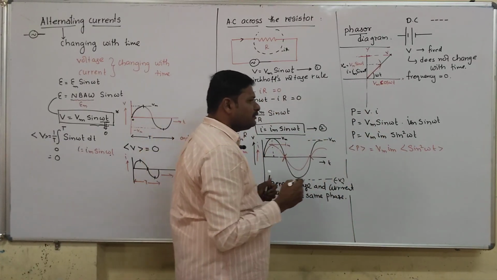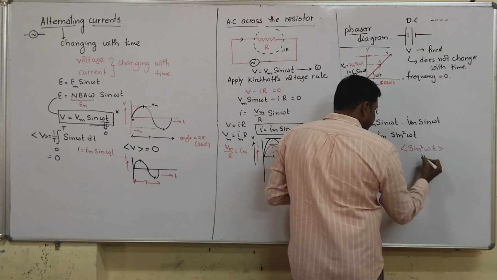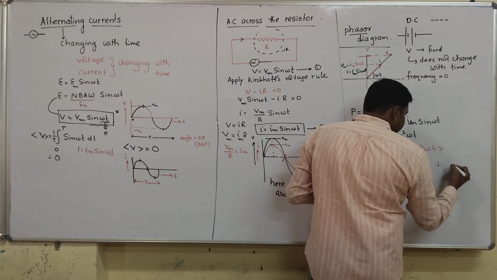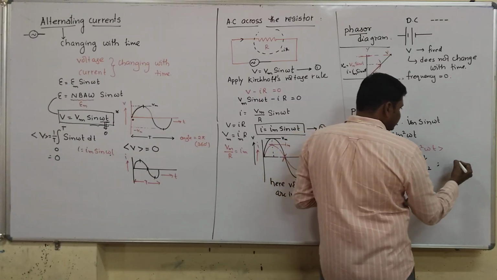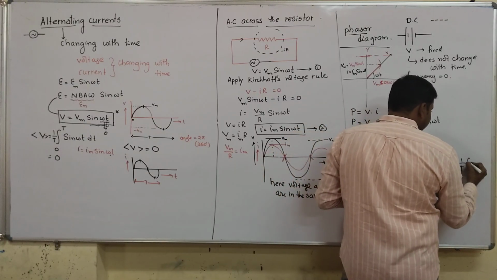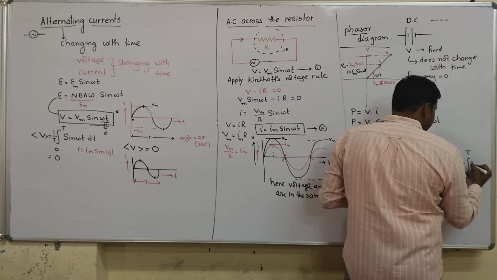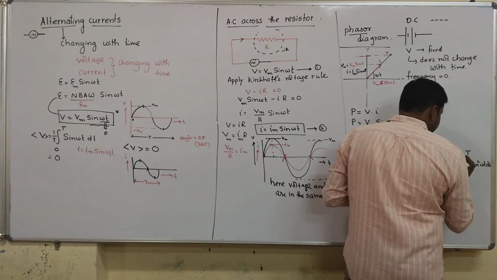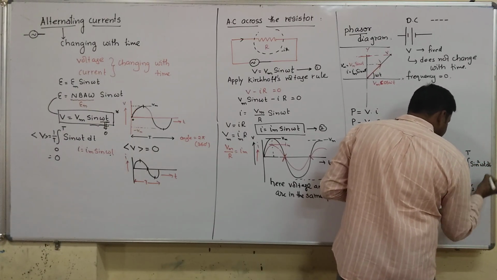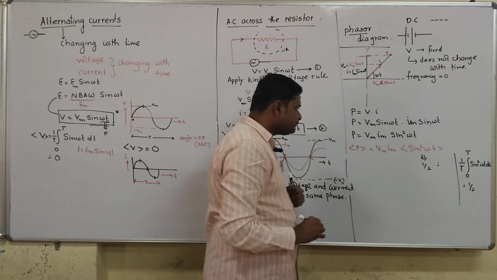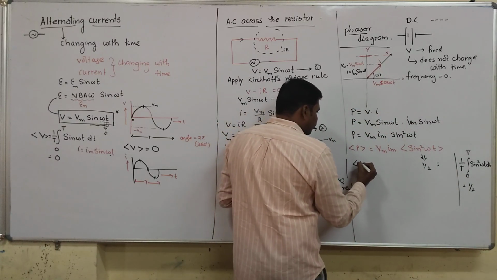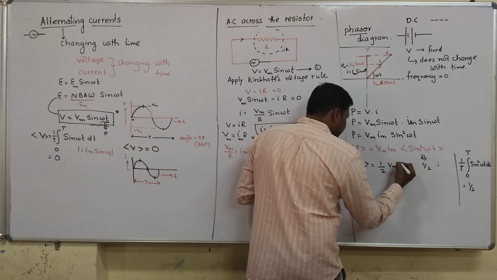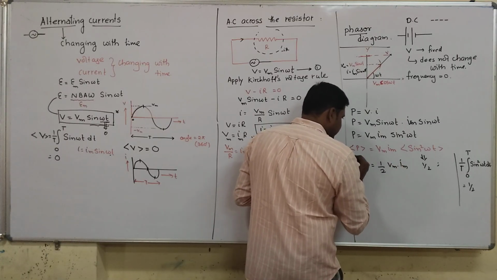What is the average value of sin square omega t? It is 1 by 2, because if you calculate 1 by T integration 0 to T of sin square omega t dt, you will get that. So the average power over one cycle is half into V max and I max.